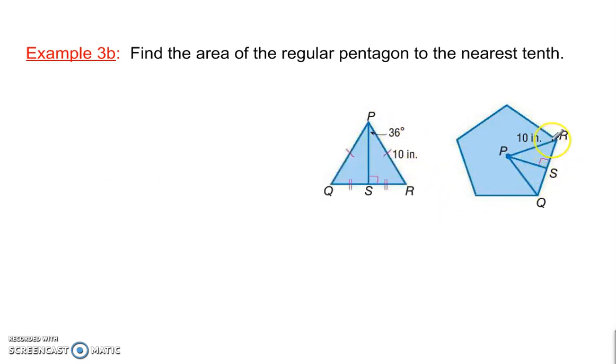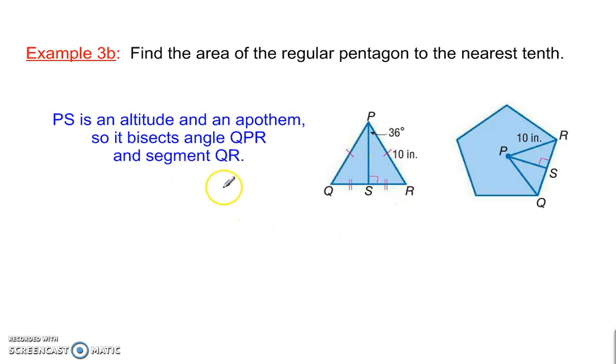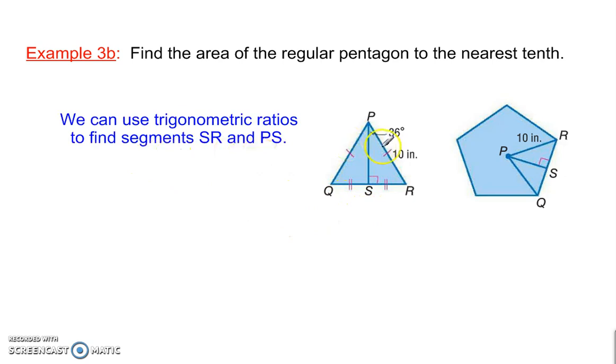So we're going to take this triangle, one of those 5, and we know this is 72, so half of that is 36, and we know this is 10. Now we're going to go back to a little bit of SOHCAHTOA action here, and we're going to use those ratios to find SR and PS.